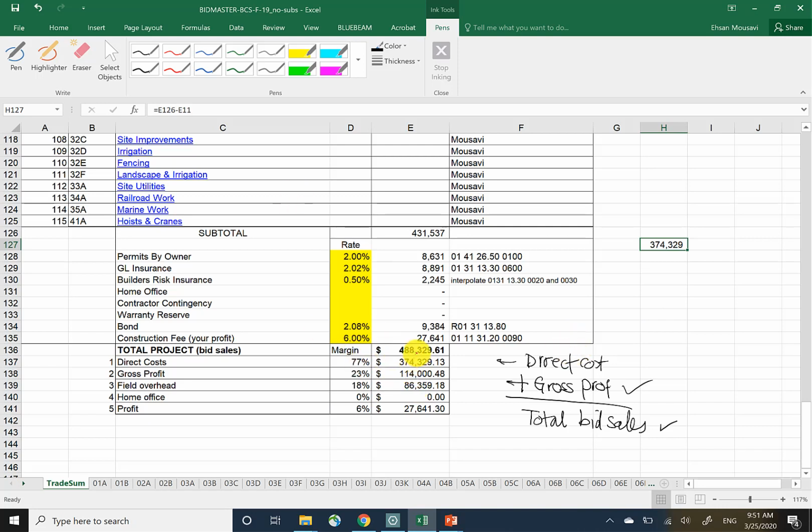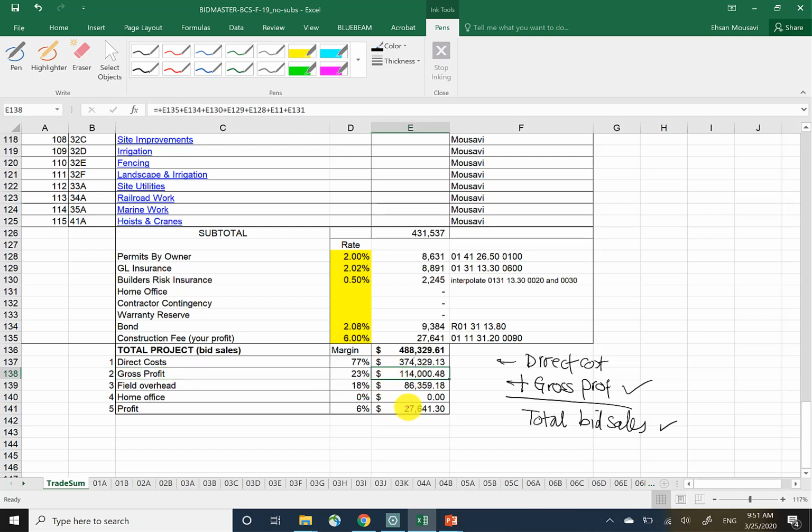I'm giving you one way of looking at this, but there are many ways of adding and subtracting these numbers to get to the point. But again, my message to you, be sure that you break your total into direct and indirect costs correctly. That's very important.